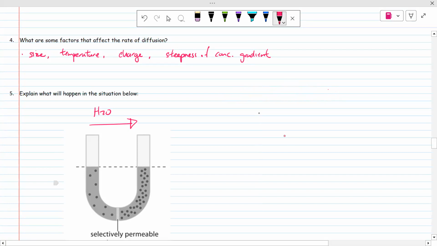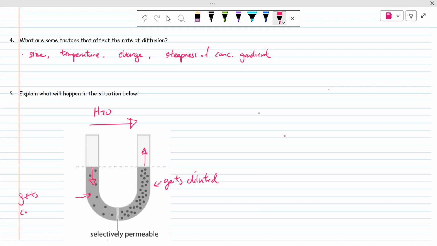So as time goes on, the water level goes up on the right, and then the water level drops on the left. This gets diluted, and then this gets concentrated. It will continue to happen until when?